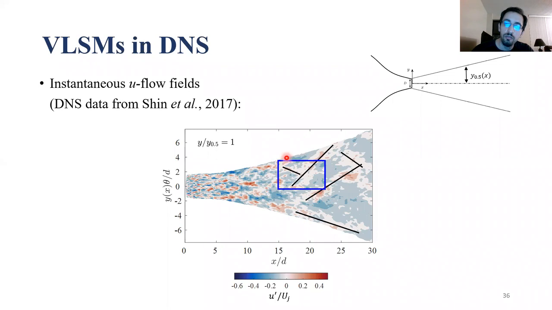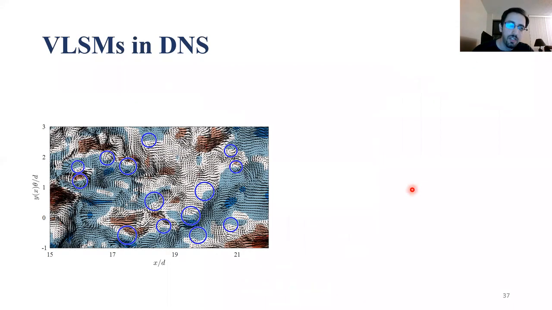Now, if I look at a smaller box in this flow field and zoom in, so this is a zoomed-in view of that box, and overlay the velocity vectors on the streamwise velocity fluctuations, we can see that there are several swirling regions.